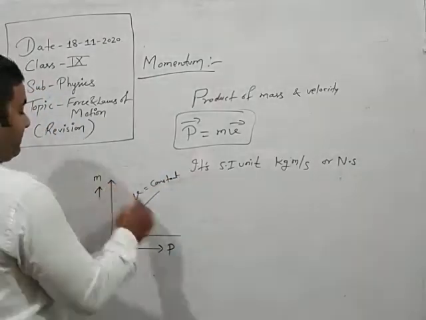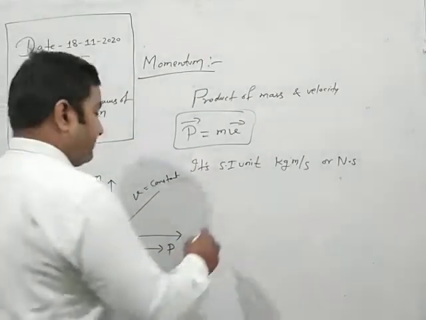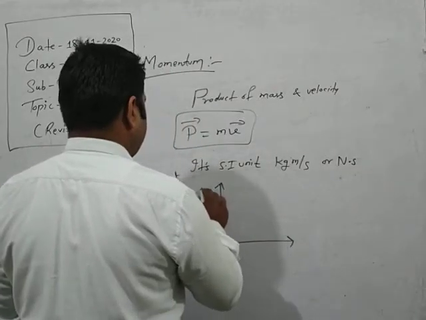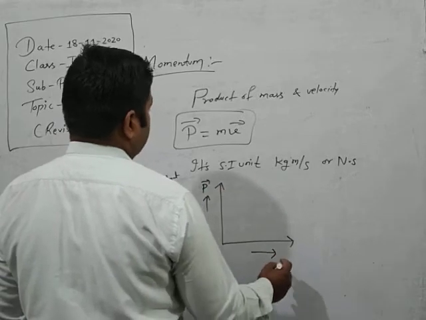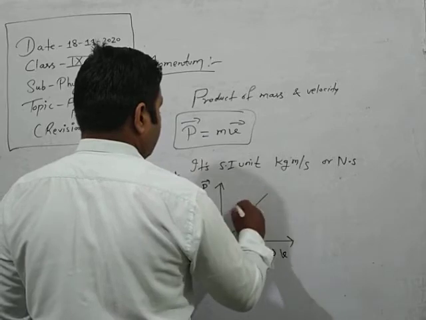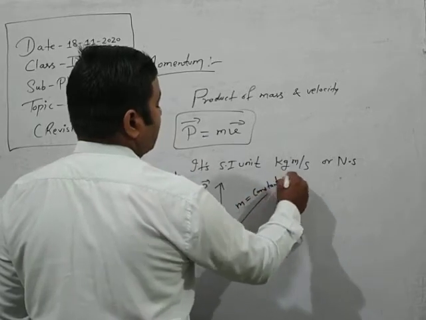Clear. And when we plot the graph P versus V, then m is equal to constant.